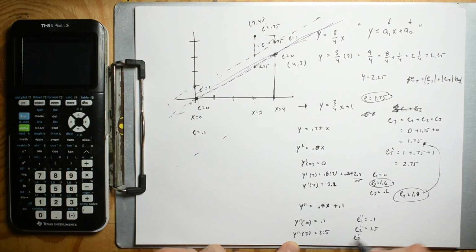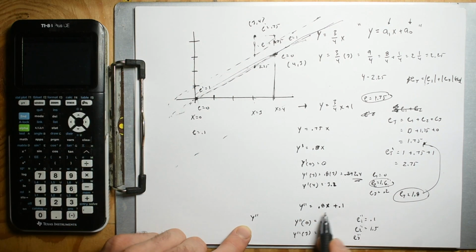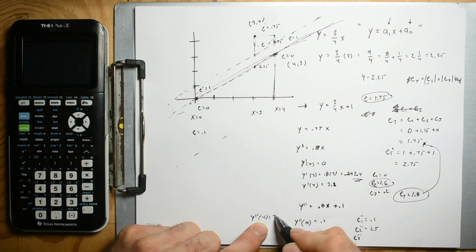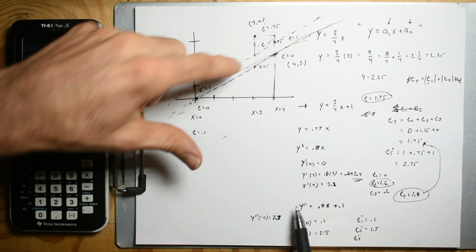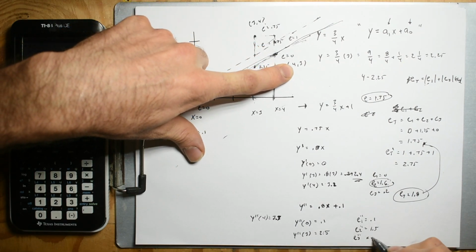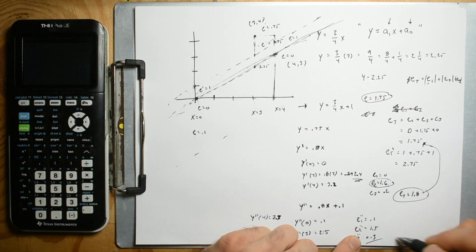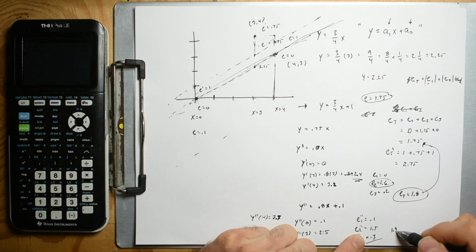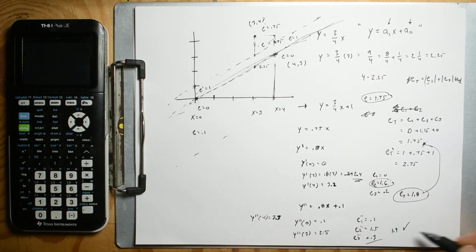Then our error 3 is this equation where we throw in a value of 4. So 4 times 0.8 is 3.2, plus 0.1 is going to be 3.3, and our difference is 0.3. So this is 0.3, and then our total error is going to be 1.9. So that got worse.